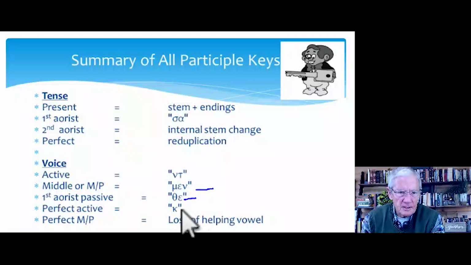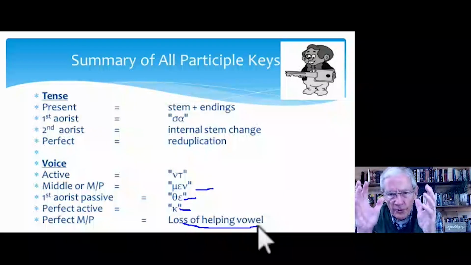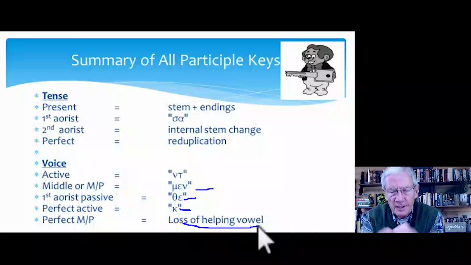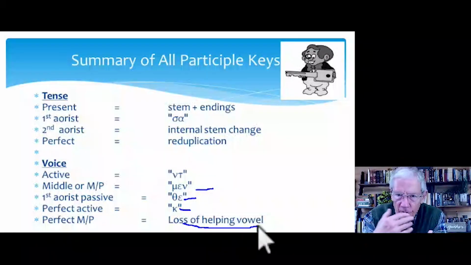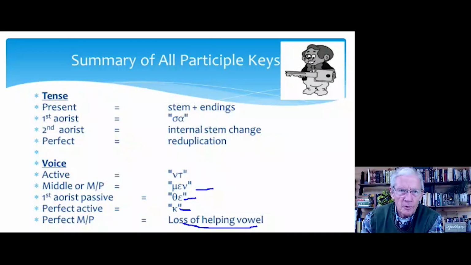The perfect active is noted by the kappa, and in the perfect middle passive, we also have the loss of a helping vowel. So those are the major keys that help us as we're looking at participles and looking at things from left to right. Those are the things to look for to help us identify the parsing of a particular participle.